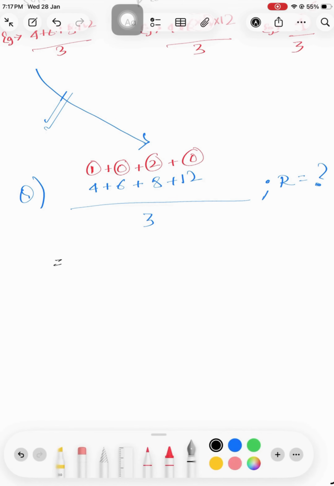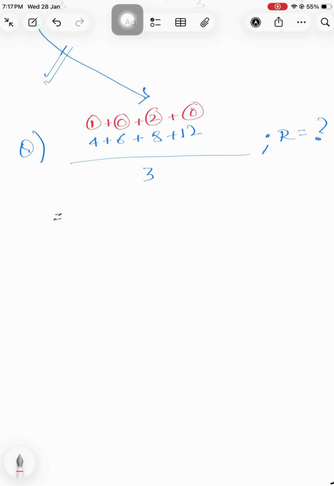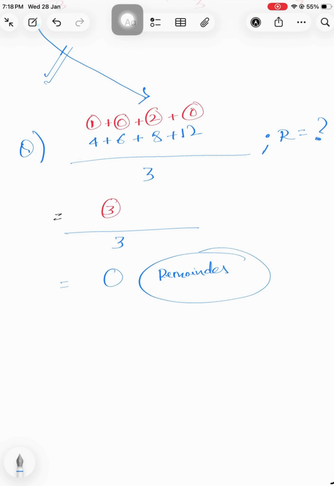Now in the very next step, we are simply going to replace the already existing numerator values with all these new red mark values. So in the second step, we remove 4, 6, 8 and 12, and instead we write 1, 0, 2 and 0 with all the signs as they were written in the first step.